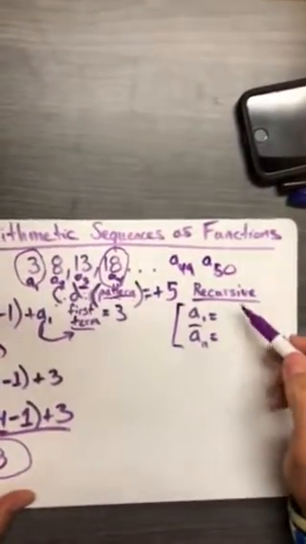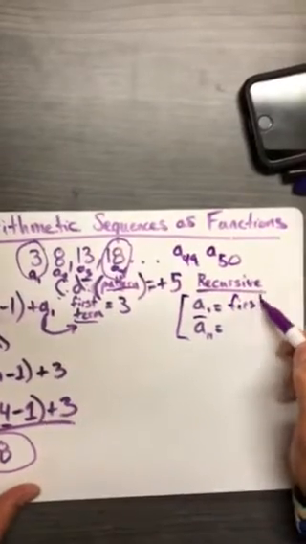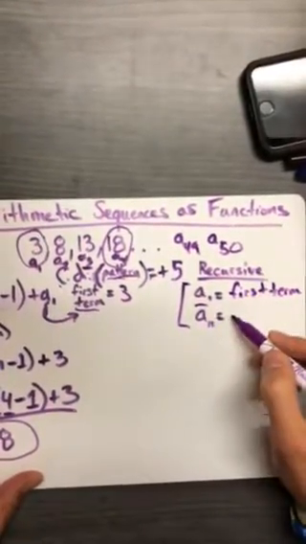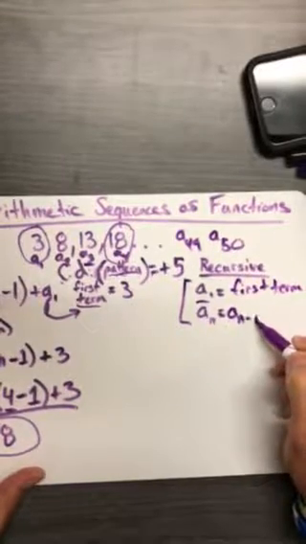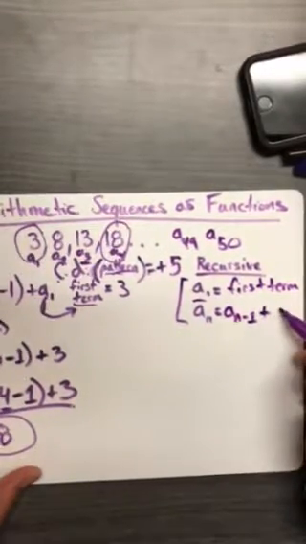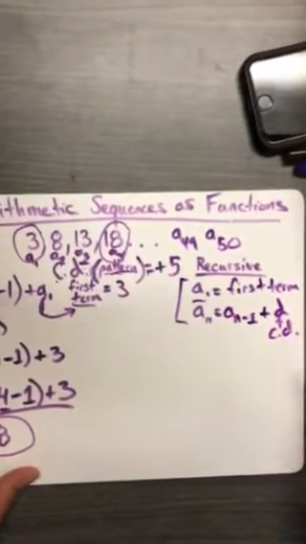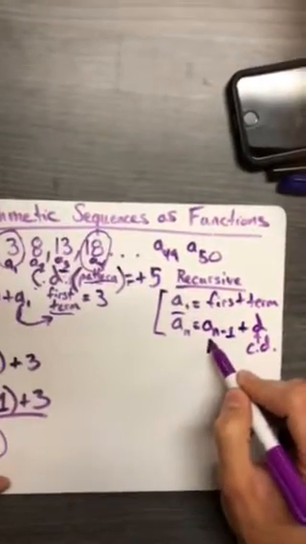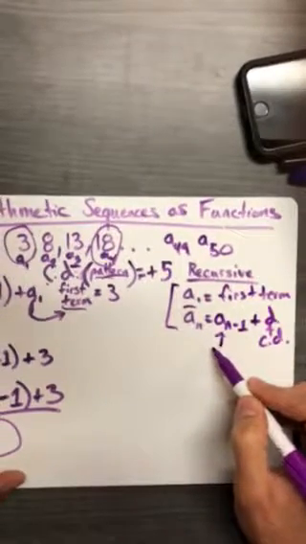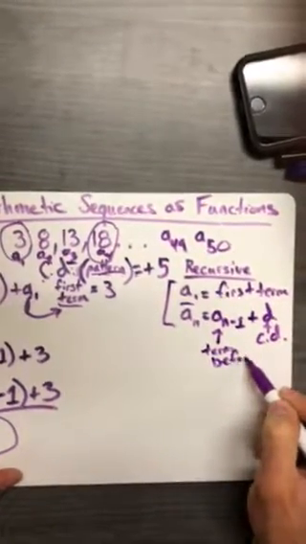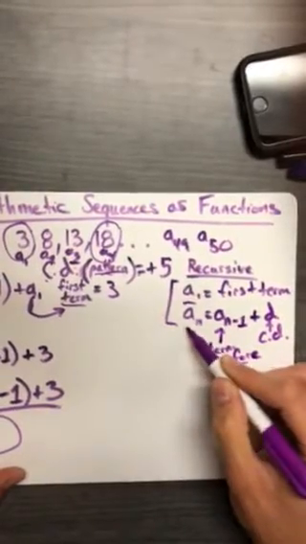The first part is a sub 1, which is your first term, and the next part is a sub n equals a sub n minus 1 plus d, your common difference or pattern.